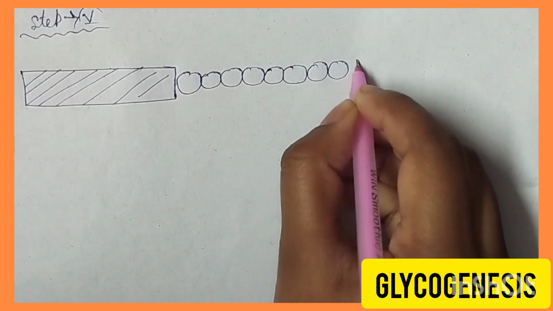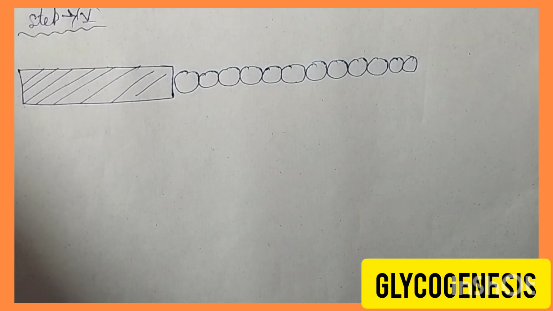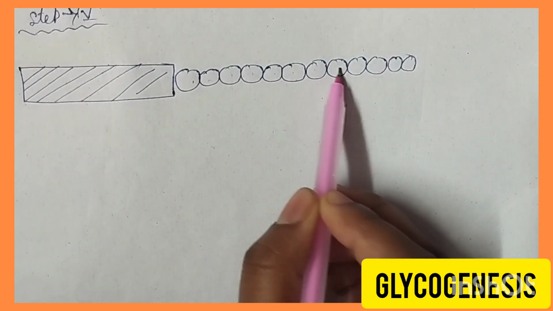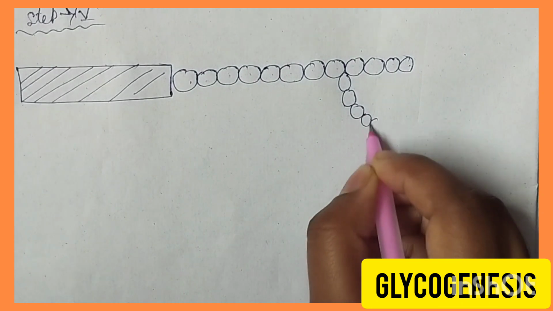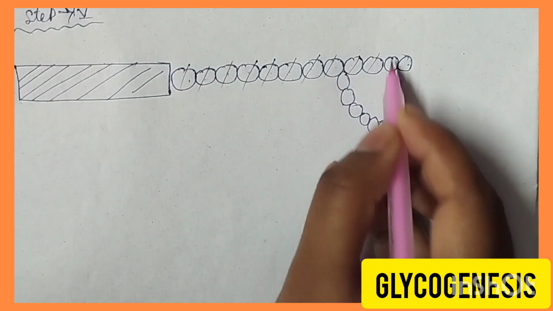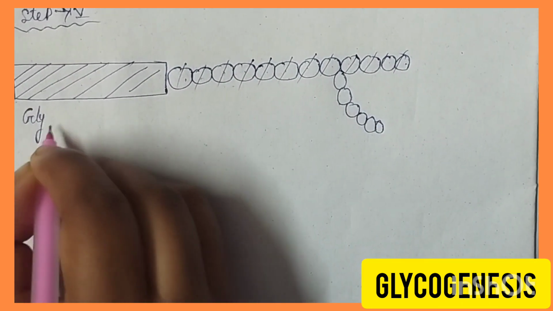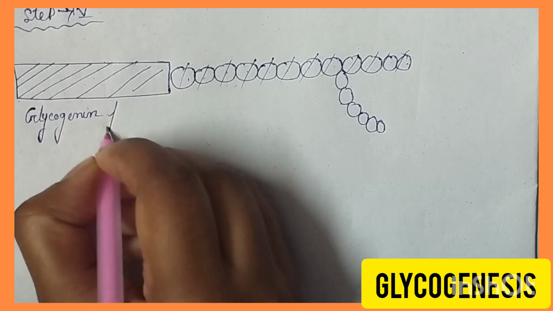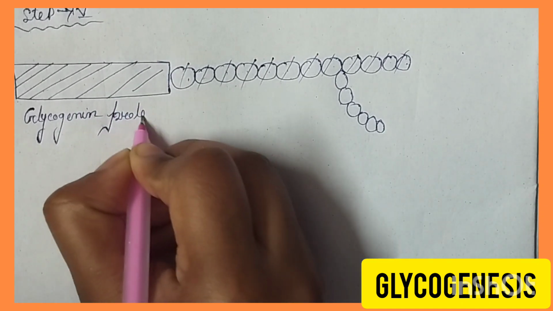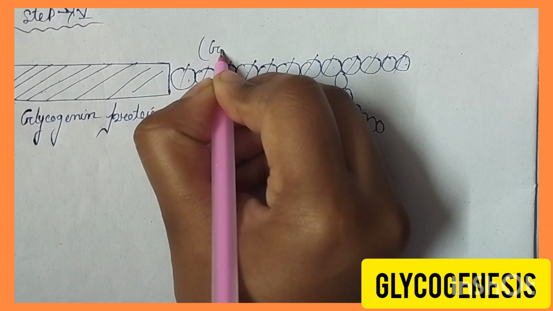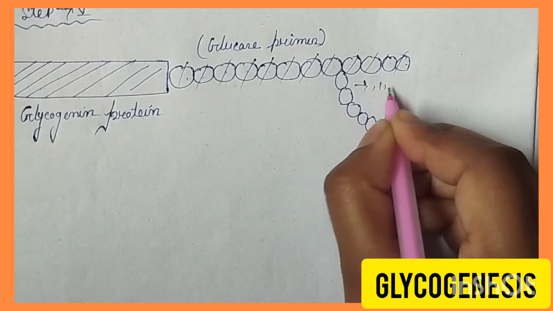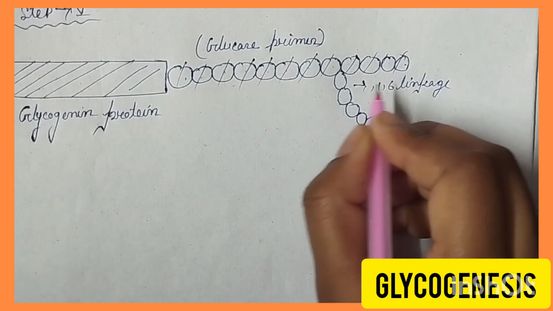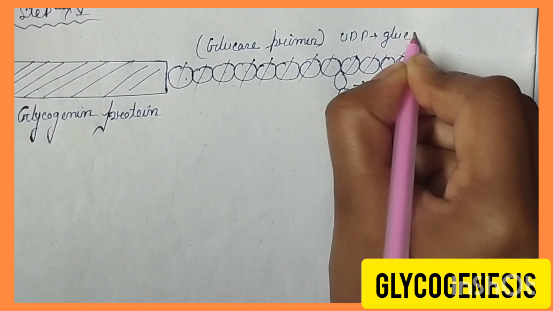Step 5, branching. Similarly, I have presented glycogenin protein and the glycogen primer. In this step, the branching enzyme breaks off a part of the nearby glucose chain and shifts it to another neighboring glucose residue.